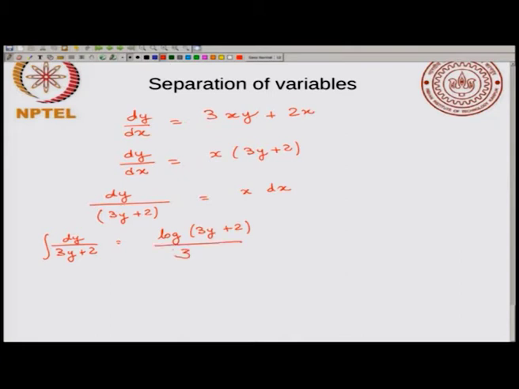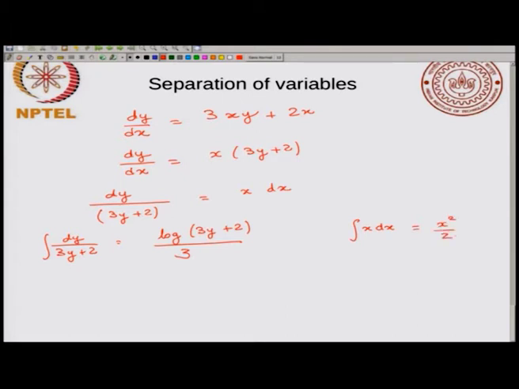If you take the derivative of log, you will get 1 over (3y plus 2), and then the derivative of 3y plus 2 is just 3. So, log of this divided by 3 is exactly this quantity. And what about integral x dx? This is just x square by 2.